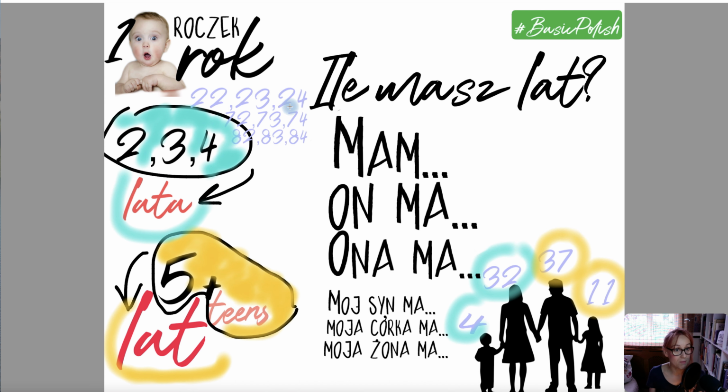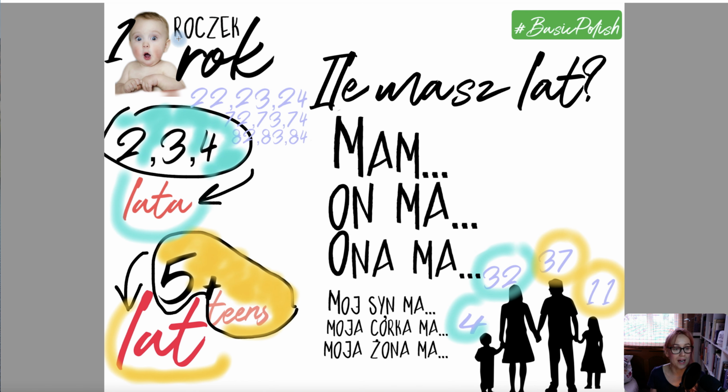So when it comes to age, talking about our age or someone's age, three numbers are extremely important: 2, 3, and 4. Okay, so first of all, these three numbers are very important. When a child is 1, so when we've got a little child who is 1, we will say rok or roczek.